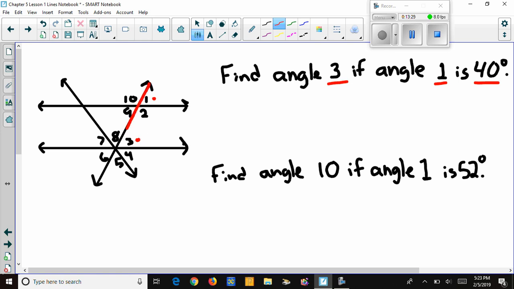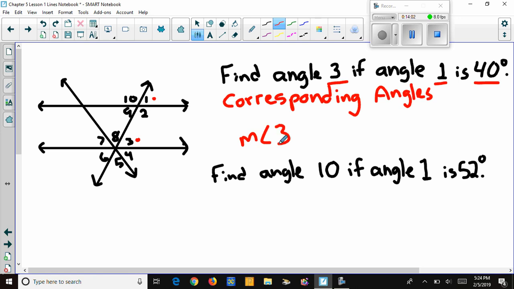This line here would be a transversal. So that means these are corresponding angles. Well, by definition, corresponding angles are equal to each other. So the measure of angle 3, showing you some new symbols, should be equal to 40 degrees. Because angle 1 and angle 3 should be the same.